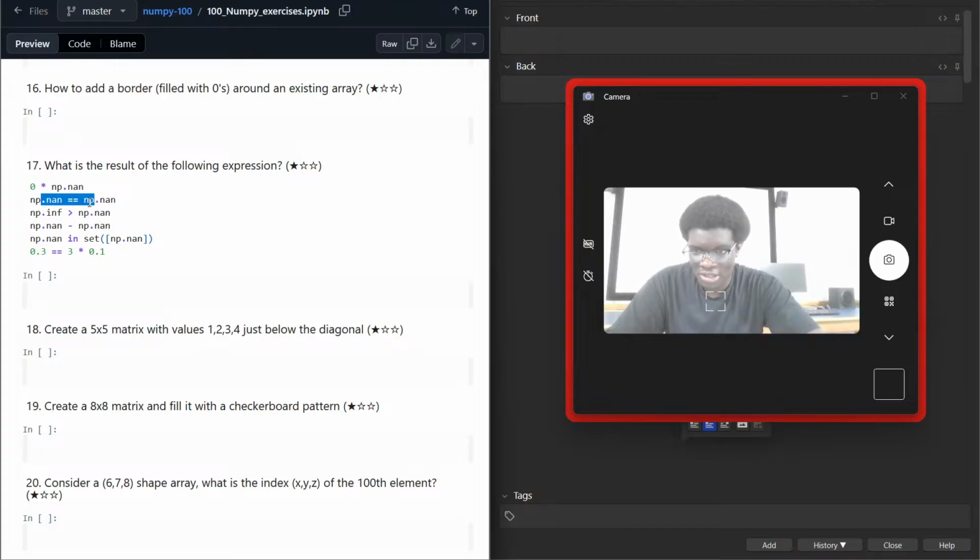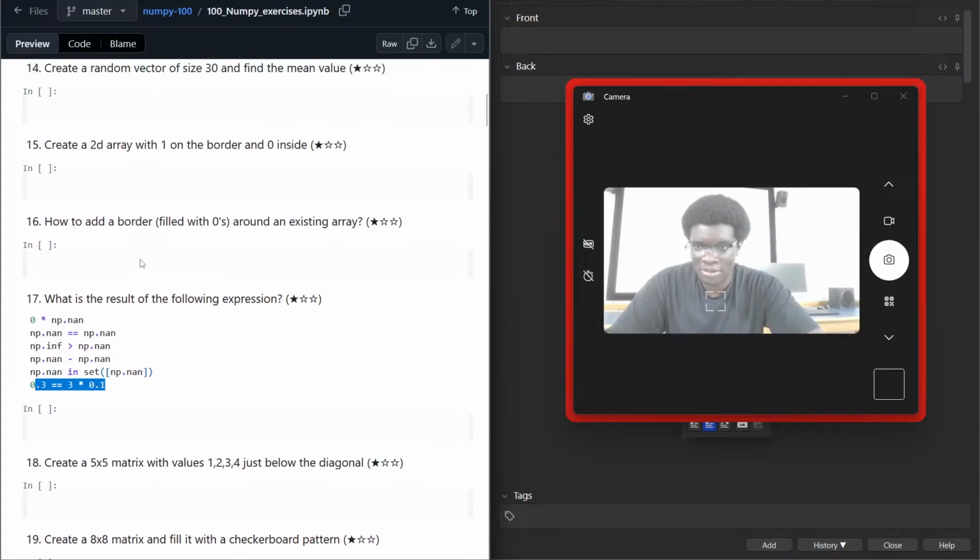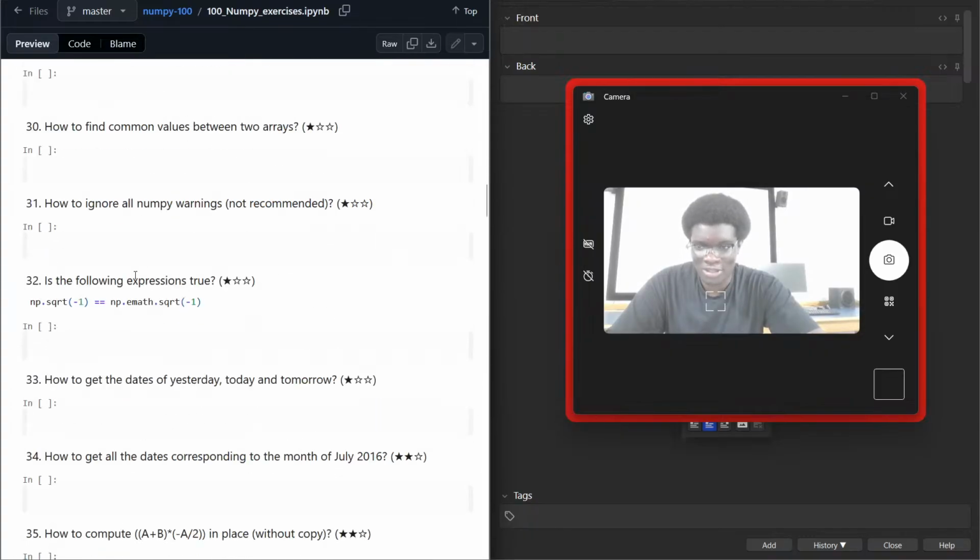Nan equals nan is false. Nan greater than nan is false. Nan minus nan is nan. Nan in set of nan is false because nan is not equal to nan, and this is also false because of floating point weirdness. Okay, so I should probably do this because I seem to not know the majority of these.